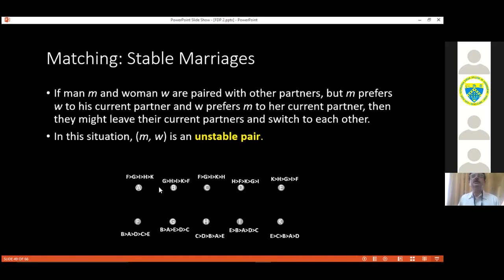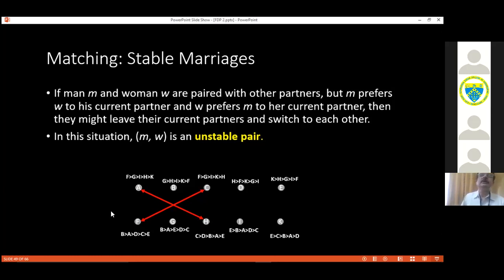So you have to satisfy their preferences at least, and then make a matching between them. For example, suppose somebody matched this way: A married H, F married C, and B is matched with some other.